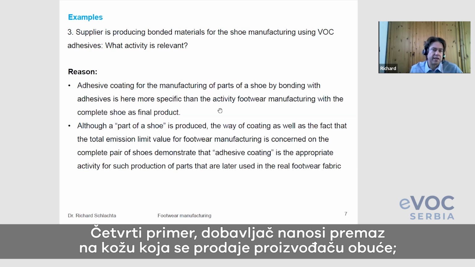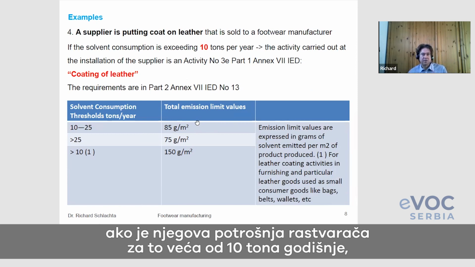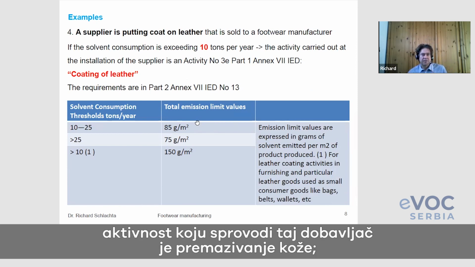Yeah, so that I tried already to explain. So a fourth example: a supplier is putting coat on a leather, and that is sold to a footwear manufacturer. Now, if the solvent consumption at the supplier is exceeding 10 tons per year, then it is a different activity, it's the coating of leather.